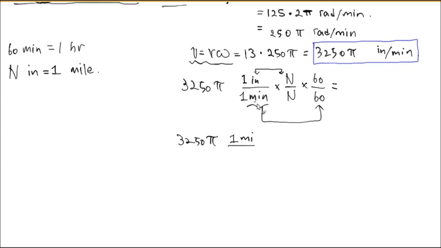How about 1 minute and 60 together? That makes 1 hour, right? Correct? But there are still leftovers. What are the leftovers? 60 is left over there, right? And this n is left over. They're still lingering there. So you put that to the front. 3250 pi times 60 divided by n, miles per hour.